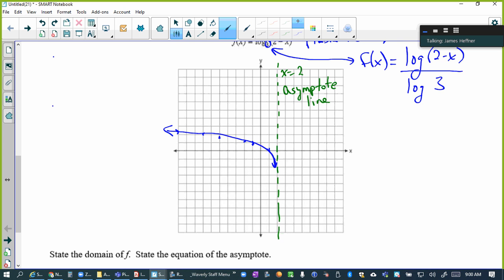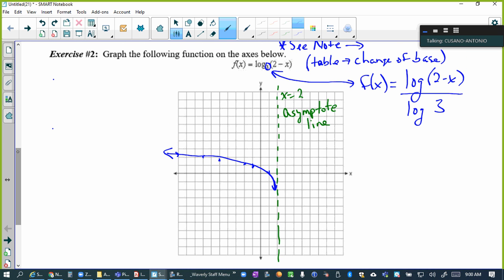Why will x never be 2? Because of the exponential function of 2 minus x. And we cannot take the log of 0 or anything less than that, right? It can't be negative. Does that make sense? So that's where that asymptote line will be.